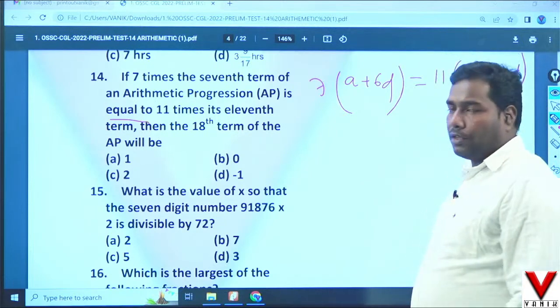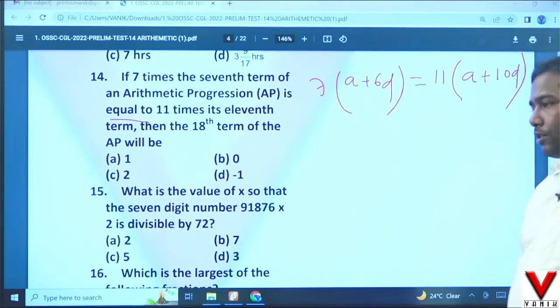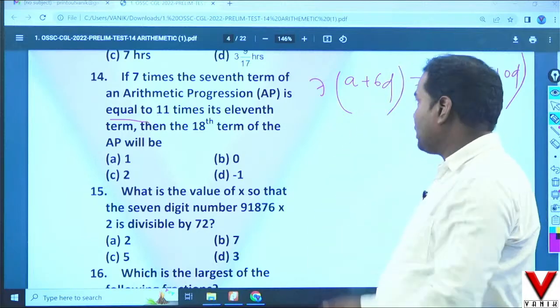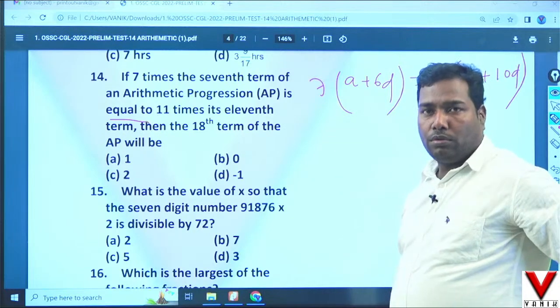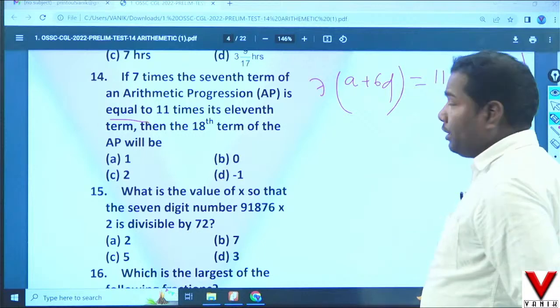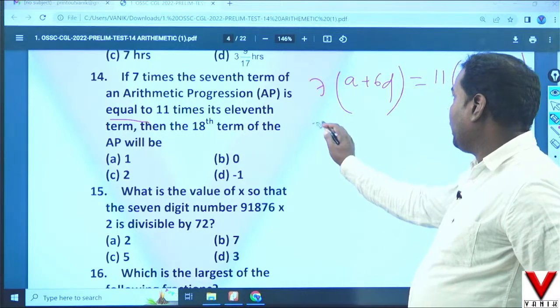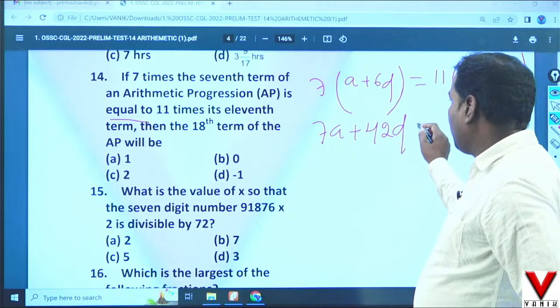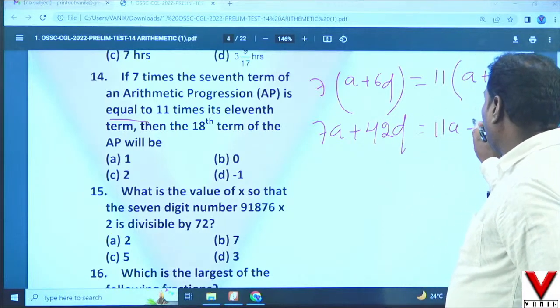So I can write 7A plus 42D is equal to 11A plus 110D.